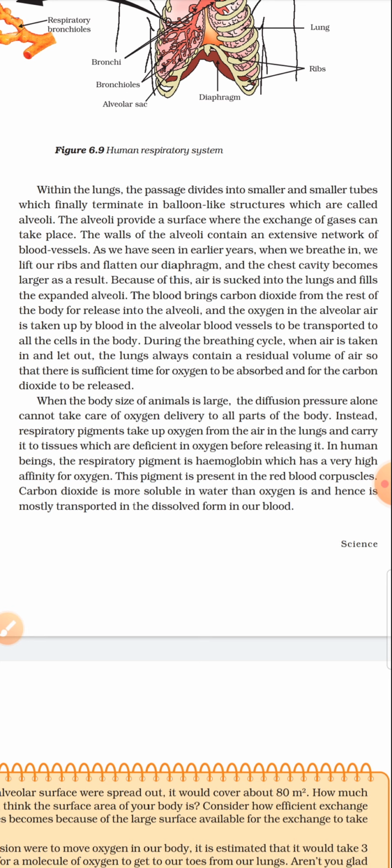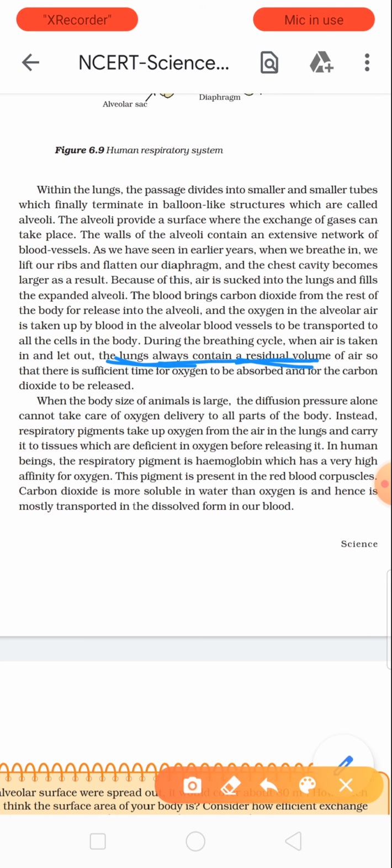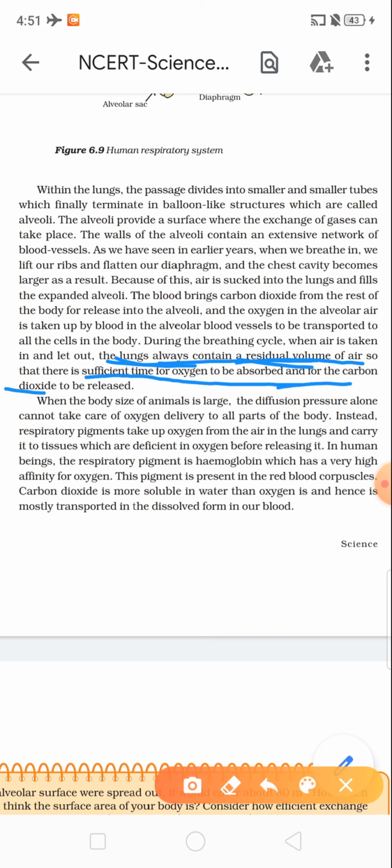Some percentage is there, and that is known as your residual volume. We are saying that exchange is taking place, but it doesn't mean that this exchange is slow or fast. We have residual volume also, which is always filled in lungs.